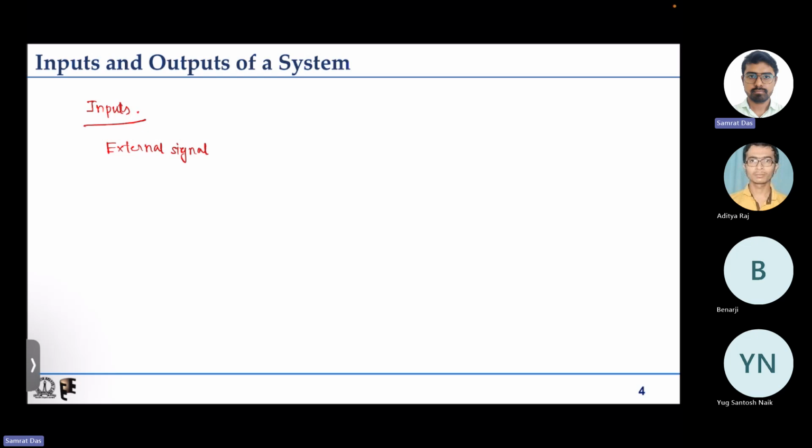So it could be some signal level input or some power level input, which we will call an excitation. So some external signal or excitation applied to the system, those are the inputs.